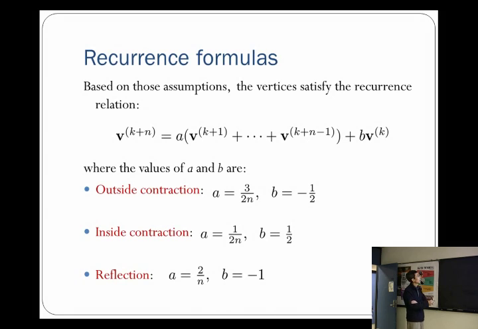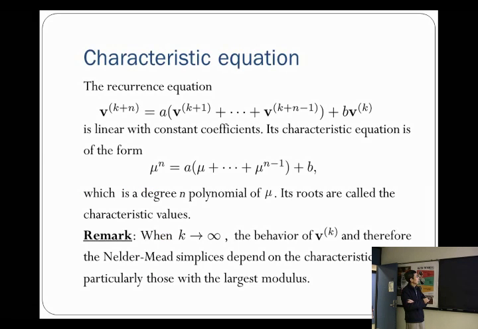If we look at this recurrence equation, this is an order n recurrence equation. This is also linear with constant coefficients, so we can say something about this. So to study the behavior of those vertices, they satisfy this recurrence equation.